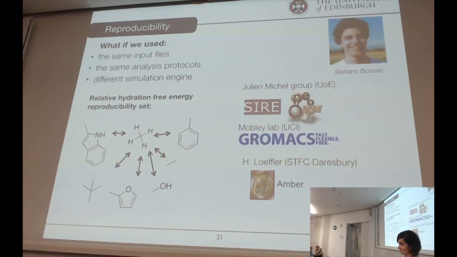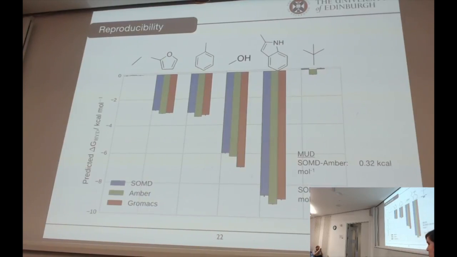I'm just going to put that plot out here. So this is with respect to this. We have a difference in the mean unsigned error of 0.32 kcal between SOMD and AMBER and 0.27 kcal between SOMD and Gromacs. But the idea is that all the simulation parameters are actually identical, the analysis is identical, and this is what we get.